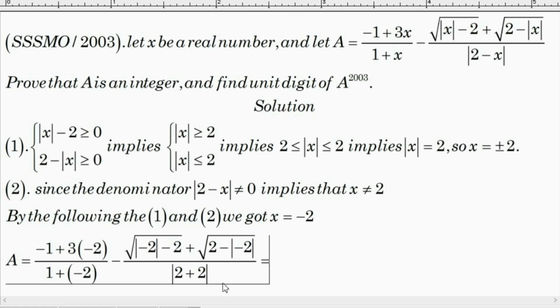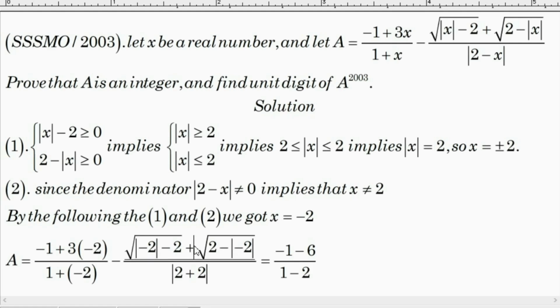So we calculate the values for these expressions. Minus 1 plus sign and minus sign will be minus, so that will be minus 1 and minus 6. Plus and minus sign will be minus sign, that will be 1 minus 2. Here the absolute value of minus 2 will be equal to 2. So 2 minus 2 equal to 0, and then 2 minus 2 equal to 0.